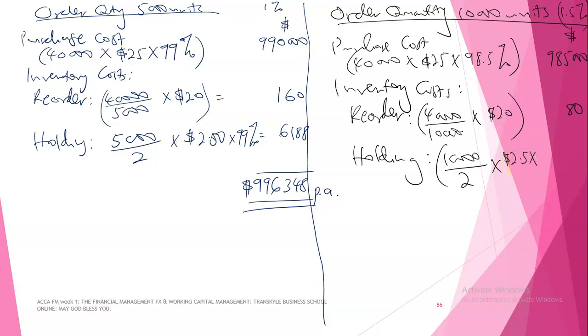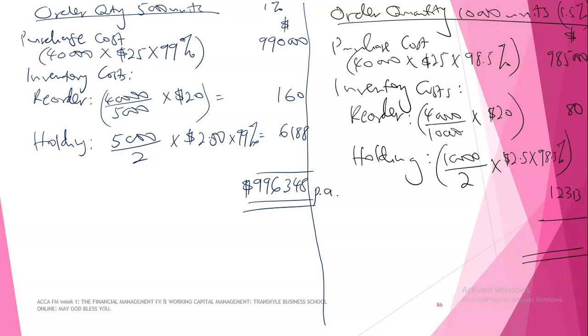Multiply by the percentage. Remember, the discount effect. So we are only going to pay 98.5% of that cost. So if we punch those figures in our calculators, we are going to get 12,313.